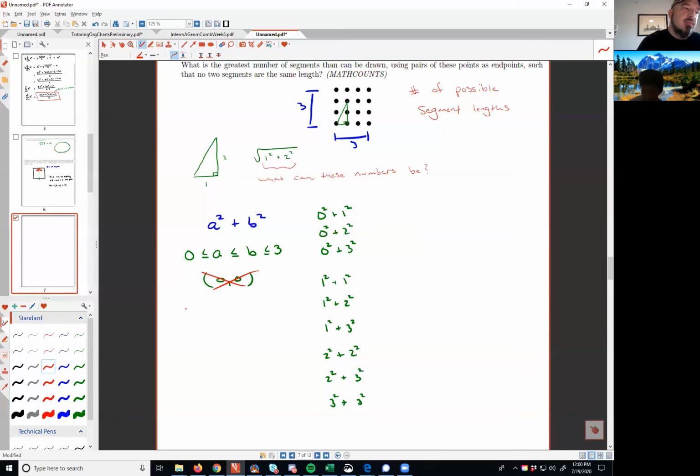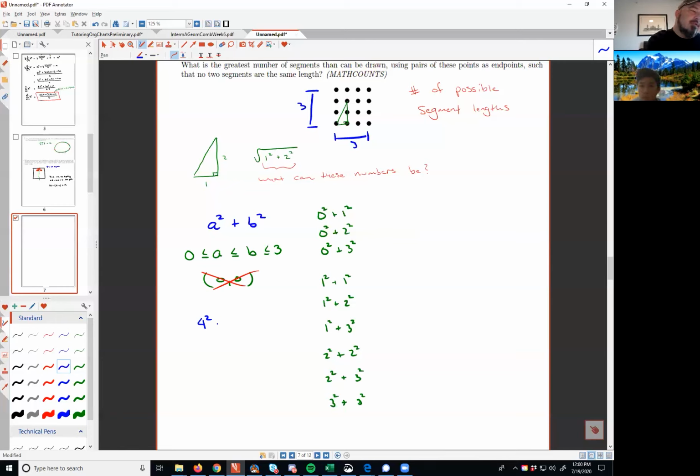Mm-hmm. And now what we're really doing is saying, we want to pick two numbers from a group of 4, but we've ordered them. So we have 4 squared ways to pick 2 values from 4.